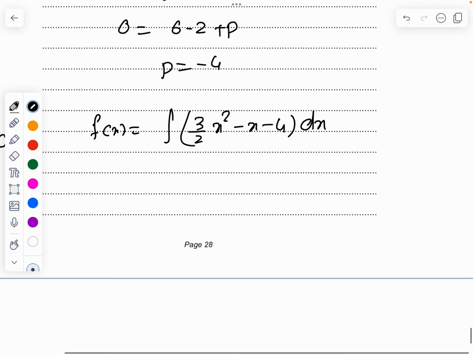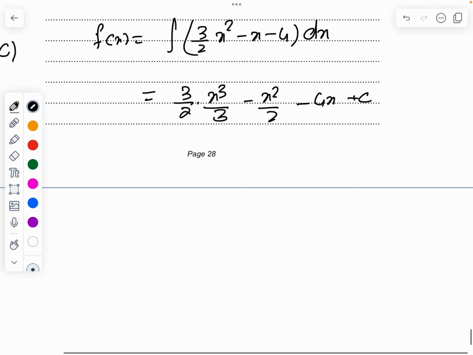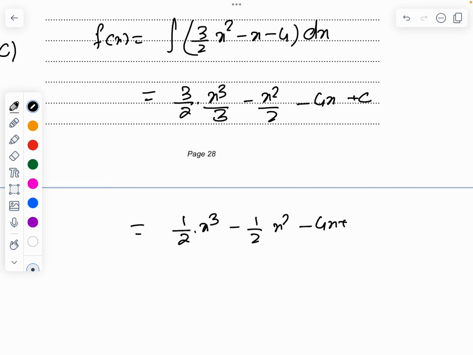Its integral gives me f of x. So 3 upon 2 x cubed by 3 minus x squared by 2 minus 4x plus c, which is going to be 1 upon 2 x cubed minus 1 upon 2 x squared minus 4x plus c. This is f of x.